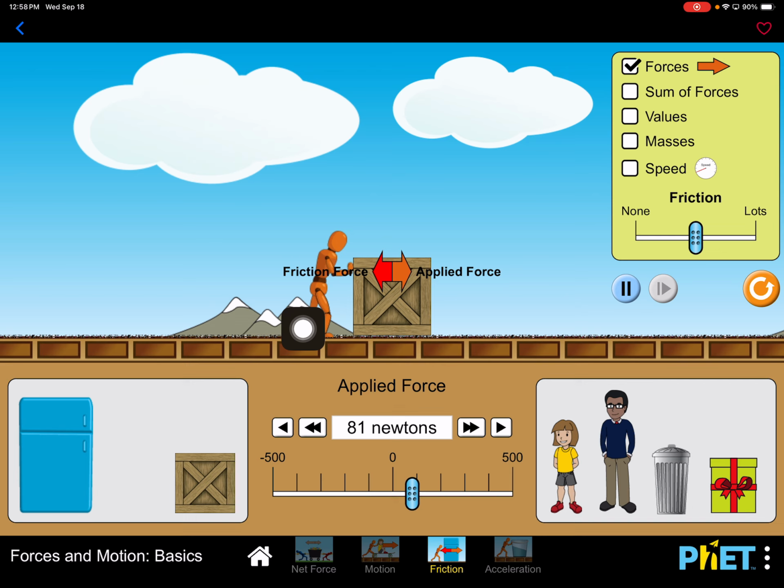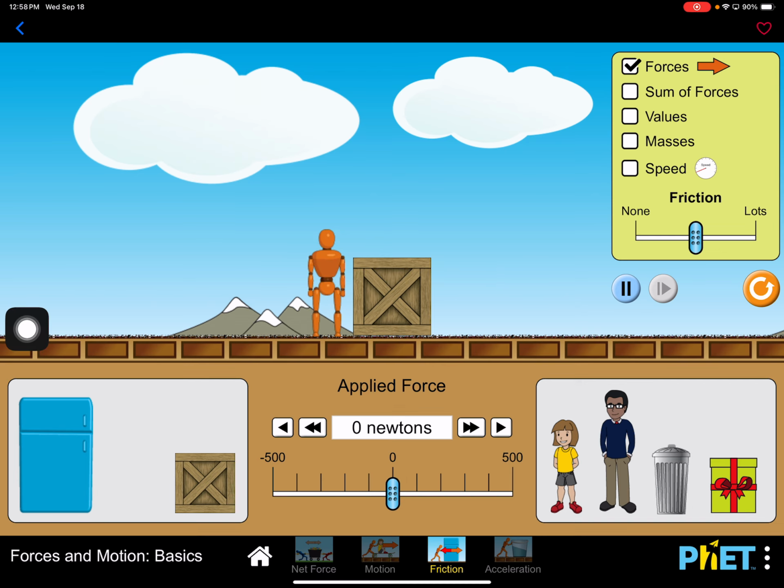So that's a static friction force. How much is the static friction force now? 0. How much is the static friction force now? 30 newtons. So you can see that the static friction force can change.